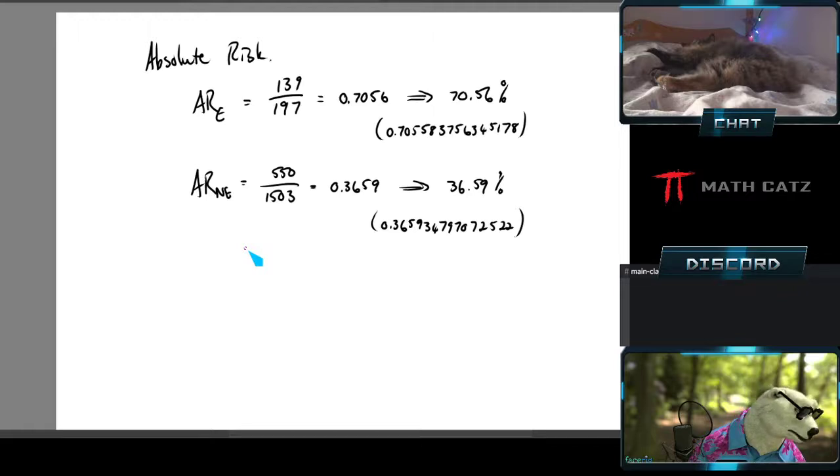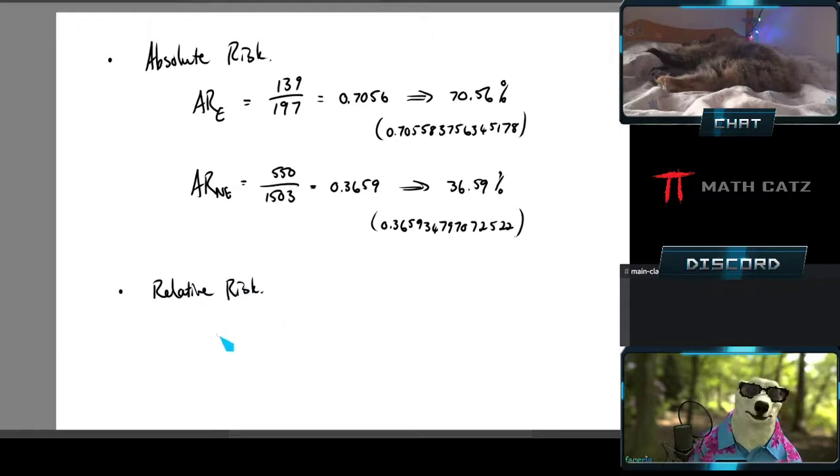The rest of the statistics really is there to clarify or present this in a variety of ways. But technically, these are the only two numbers, really. Next up, we have the relative risk.